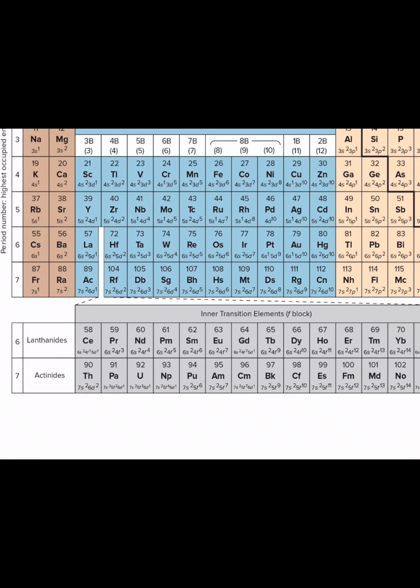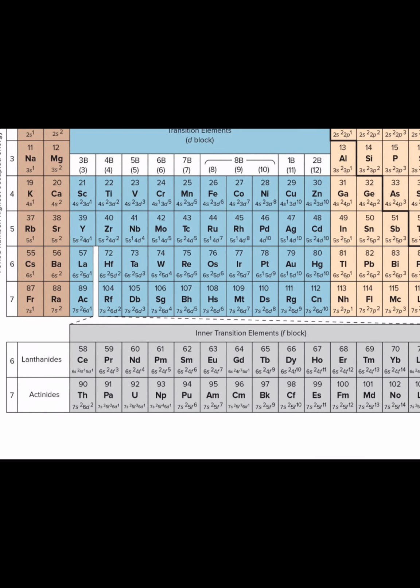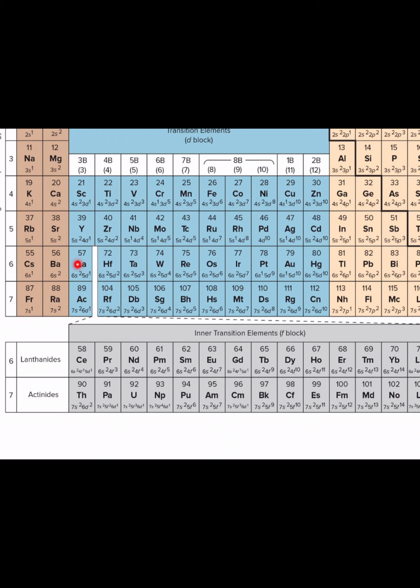And then in the periodic table, under the d block, here's 57 and then 72. So from 58 to 71, in this section, f electrons are being filled up. So we call it inner transition elements or f block elements. And then from 89 to 104, there is a gap, which is 90 to 103.